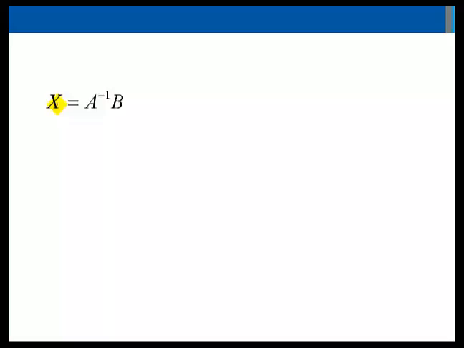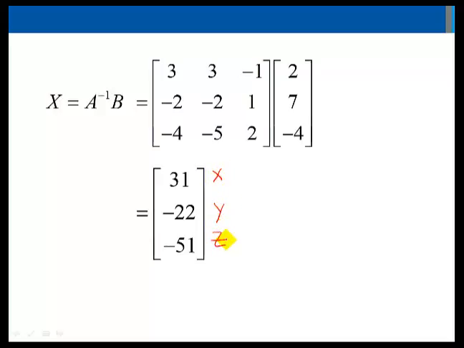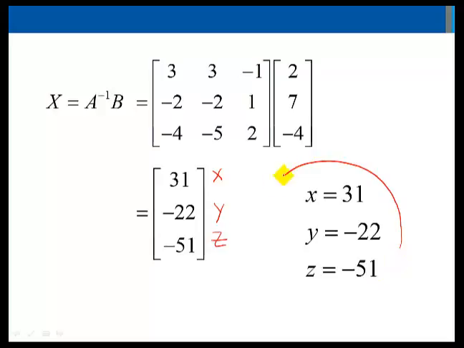To solve for X here, for our variables, we take A inverse times B. Multiplying these two matrices together, I will have the 3 by 1 matrix of 31, negative 22, negative 51. Recalling that my matrix X is representing the variables x, y, and z here, I have found that x equals 31, y equals negative 22, and z equals negative 51. This is the solution to our system of equations.